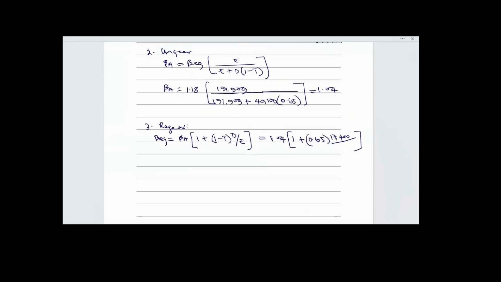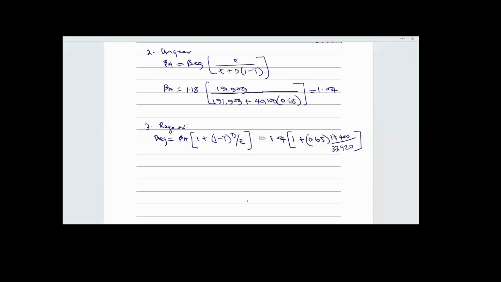Here is 33,920. So I will then bring out my calculator to say 17.4 divided by 33,920 equal, multiply by 0.65 equal, plus 1 equal, multiply by 1.04 equal 1.39.